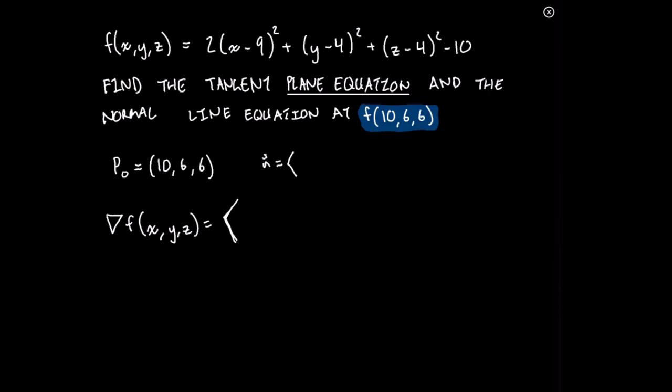It spits out a vector that is the partial derivative of f with respect to x, the partial derivative of f with respect to y, and the last component, I'm pretty sure you can guess, is going to be the partial derivative of f with respect to z.